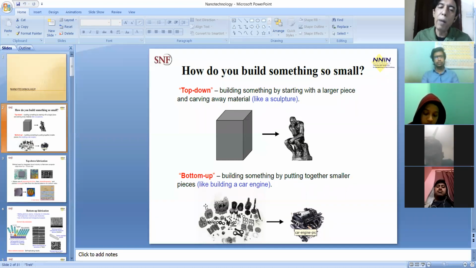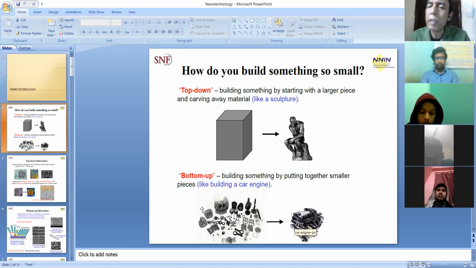And the bottom-up process means going from very small substances to some bigger substances. Say, for example, one nanometer means 5 atoms. If you place 5 atoms side by side, that is one nanometer.